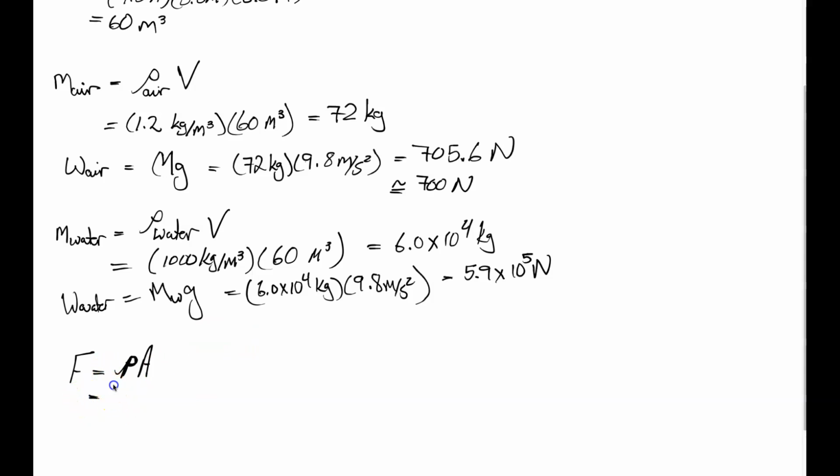We're told that the pressure is 1 atmosphere, atm, so this is the same as 1.01 times 10 to the 5th pascals per atm. So we need this conversion factor.